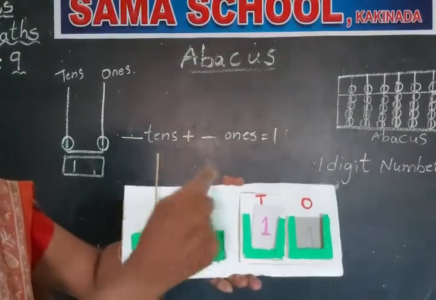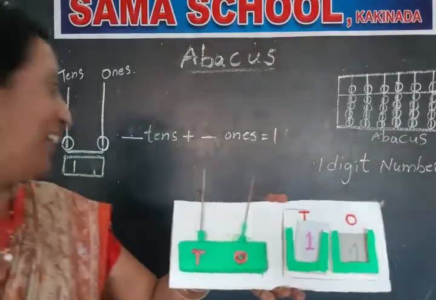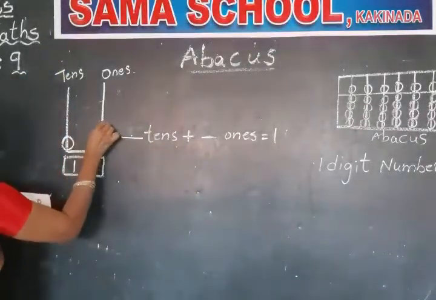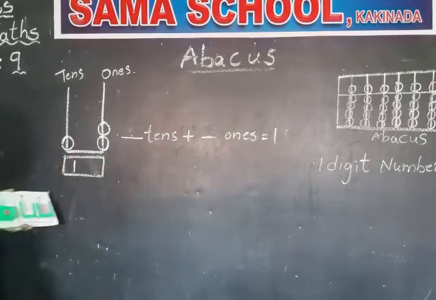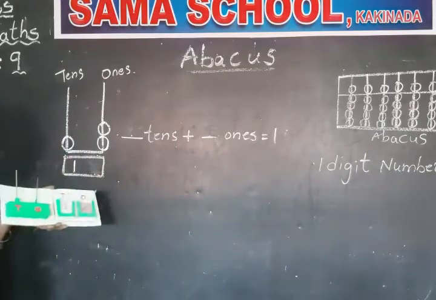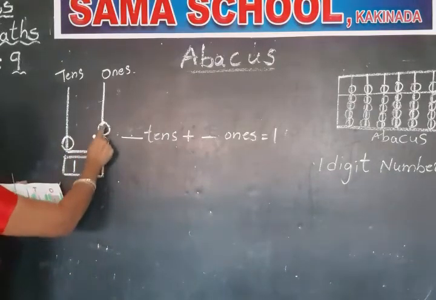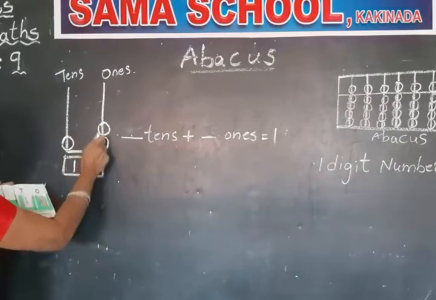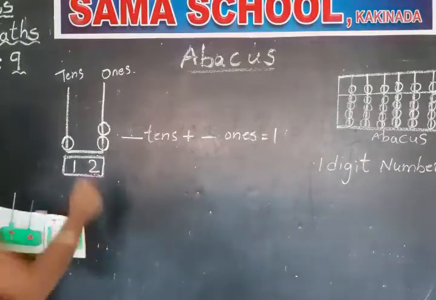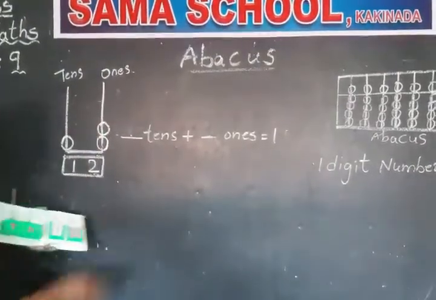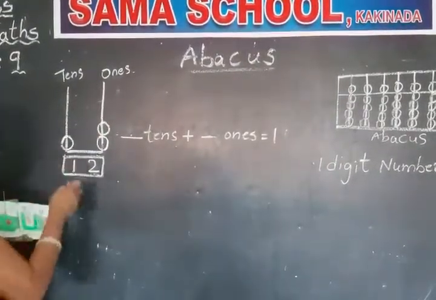And the ones place how many beads? 2 beads. So you write here 2 beads. In the ones place you count as ones. In the tens place here only 1 ten.